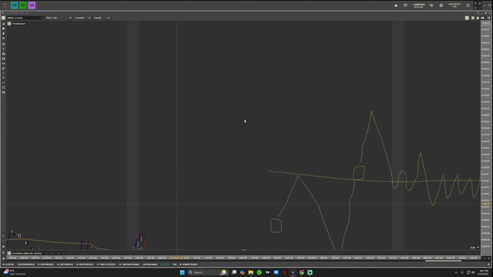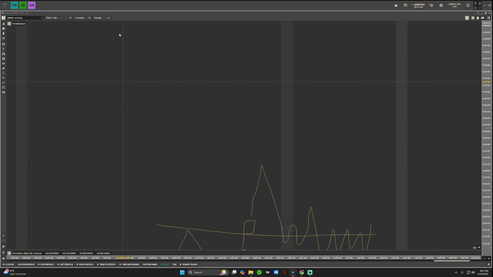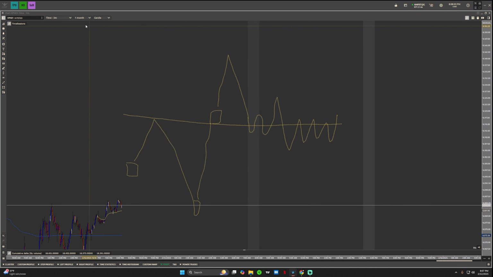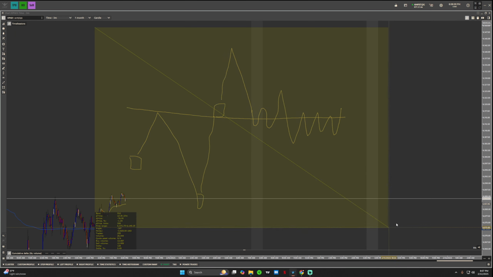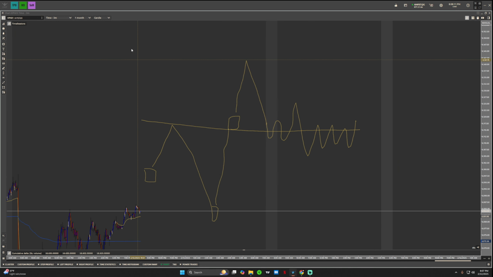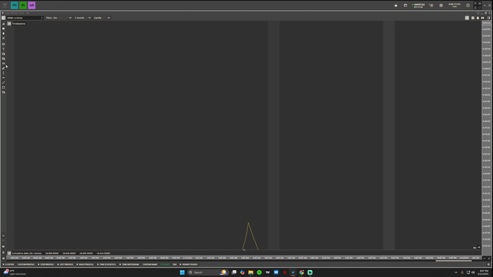So if we are underneath the weekly VWAP and underneath the daily, and we are trending up, we come down, and now we start trending up.